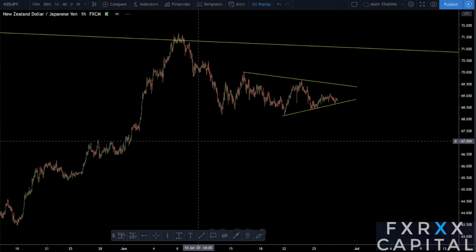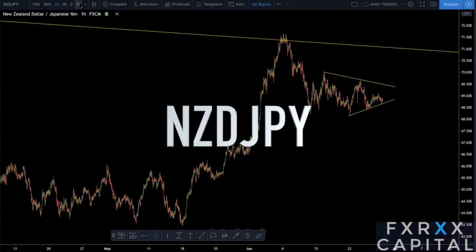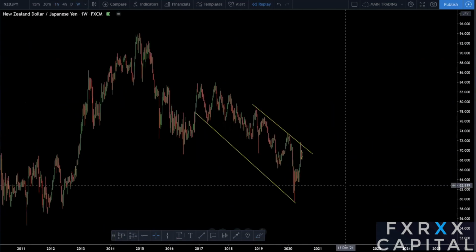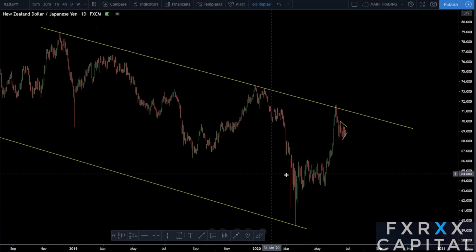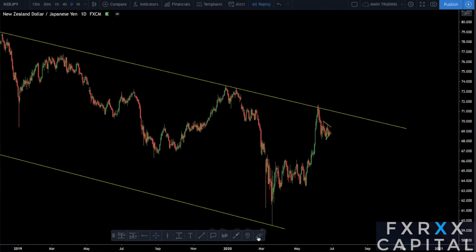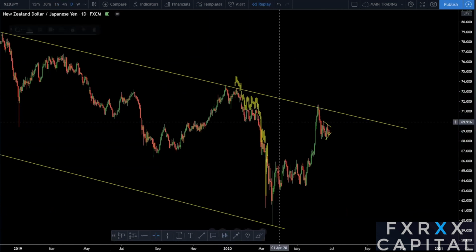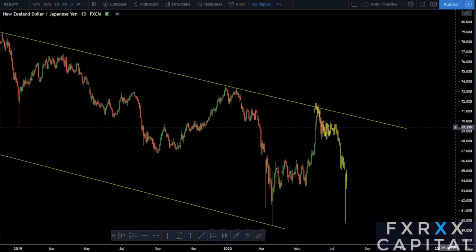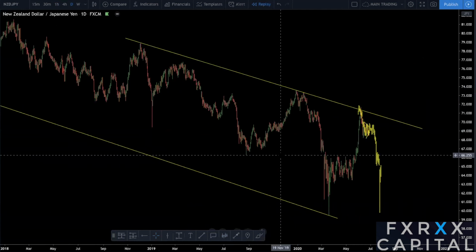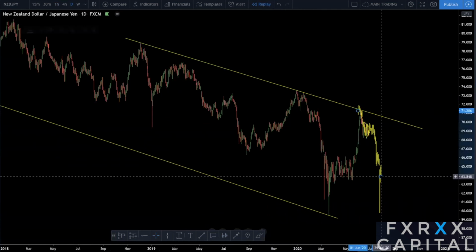Okay, next NZD JPY. Okay, bigger descending channel. Okay, if you learn this, if you take this price action, price might duplicate this from previous.